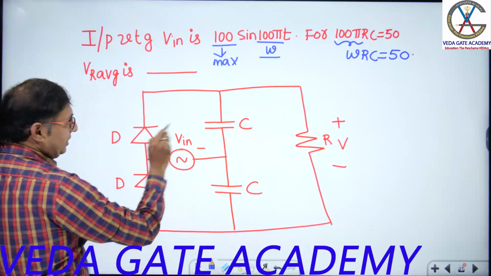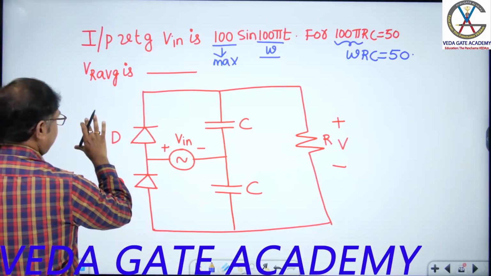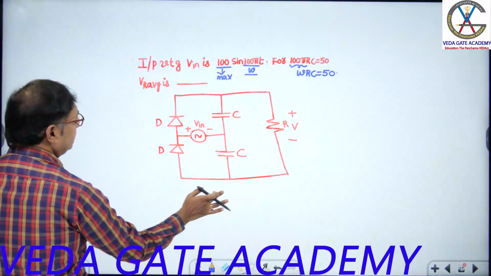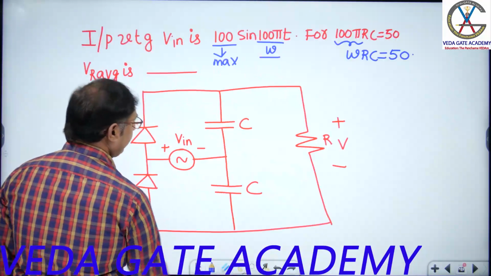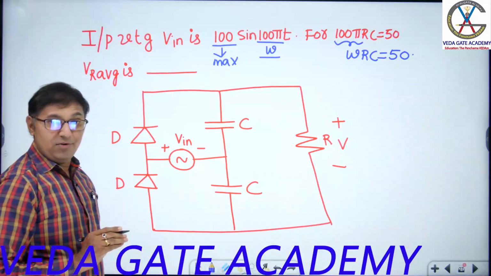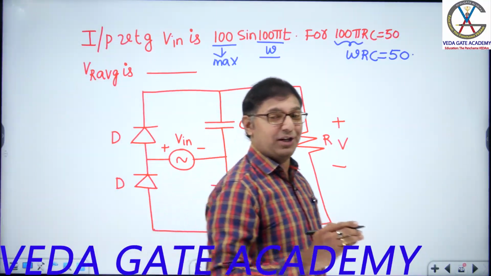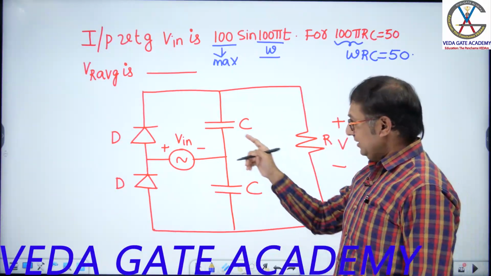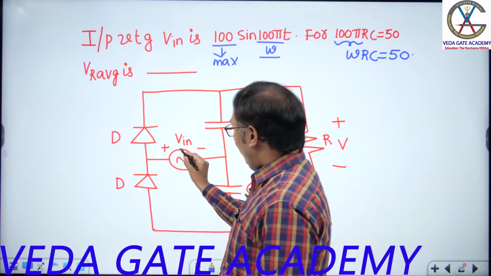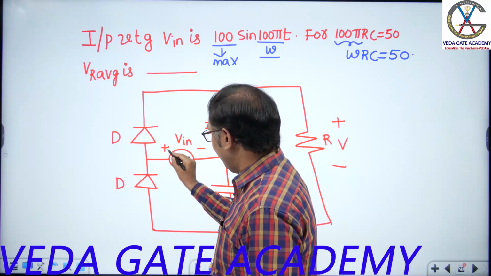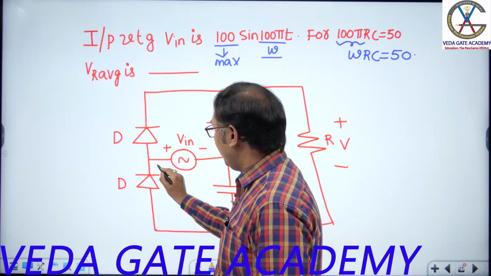Now have a look at the circuit. Tell me, for positive half cycle, which diode is forward biased and which diode is reverse biased?